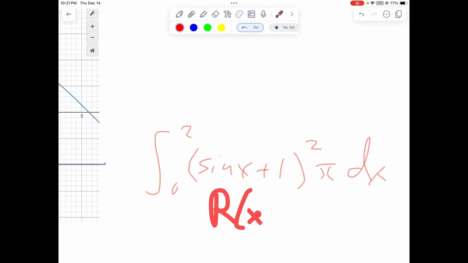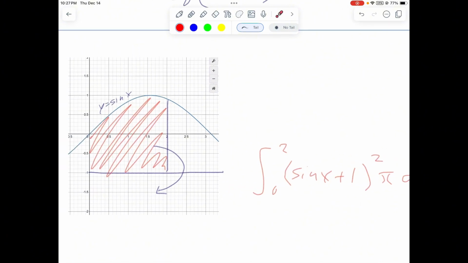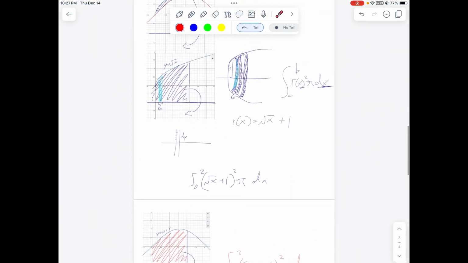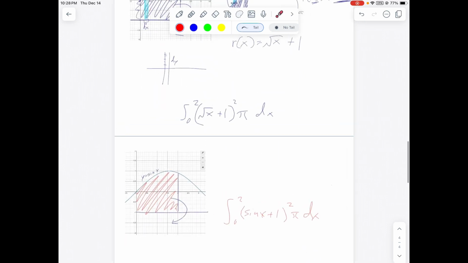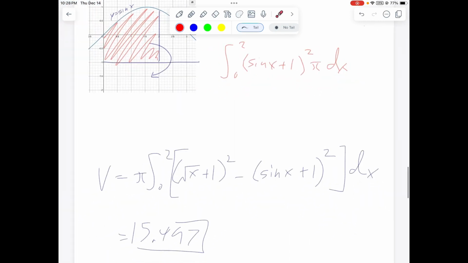This is r of x, this is pi, and this is dx. So you can take the two and subtract them because this is the inside volume, so it's basically just acting like a hole to this outside volume. So you can just take those two equations and subtract them to get this final setup right here, right?